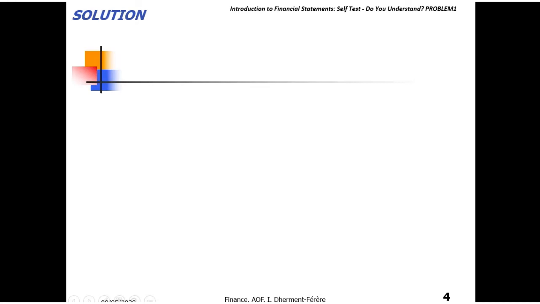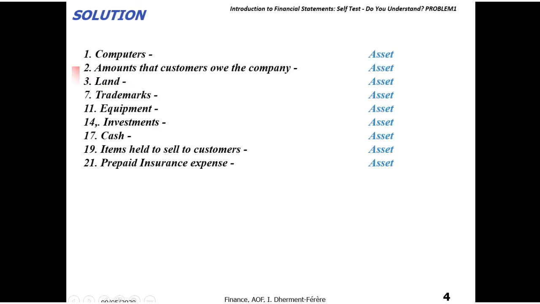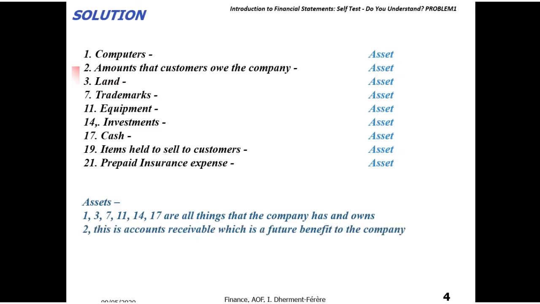For assets, for 1, 3, 7, 11, 14, and 17, those are all things that the company has and owns. For 2, this is accounts receivable, which is a future benefit to the company.